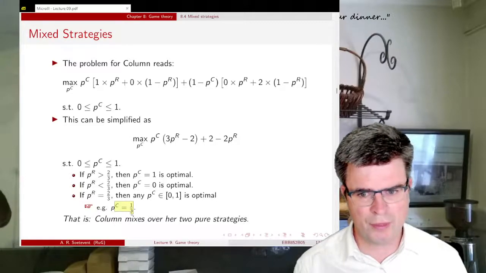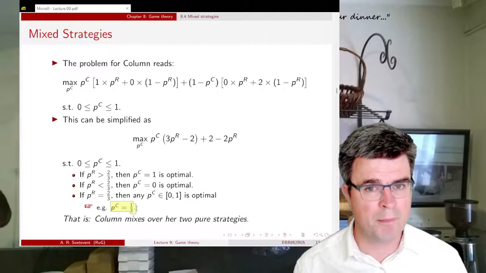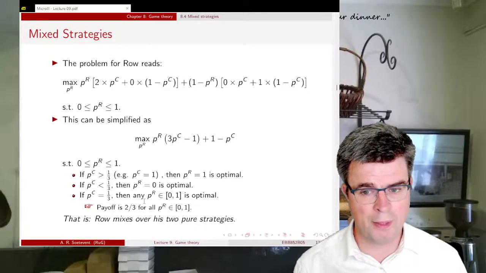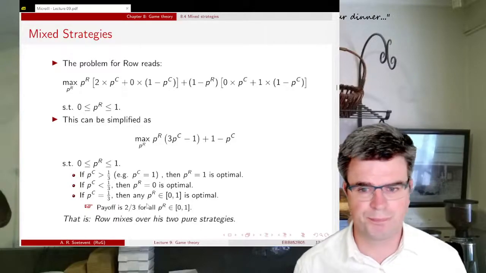So now we have found the mixed strategy equilibrium. Both players mix. The column player mixes with probability 1/3 choosing Italy, and the row player chooses Italy with probability 2/3.